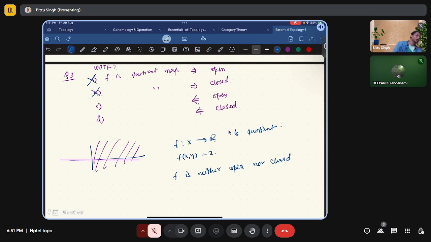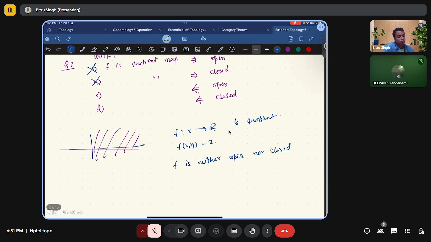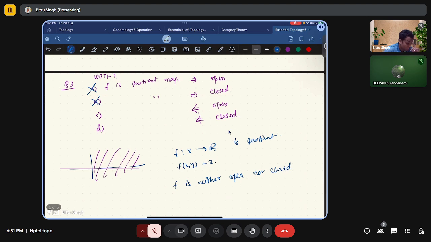Now what about C and D? C and D are also not true, because open may not imply quotient map. We need some extra additional property. There can be some open map which is not even surjective, right?